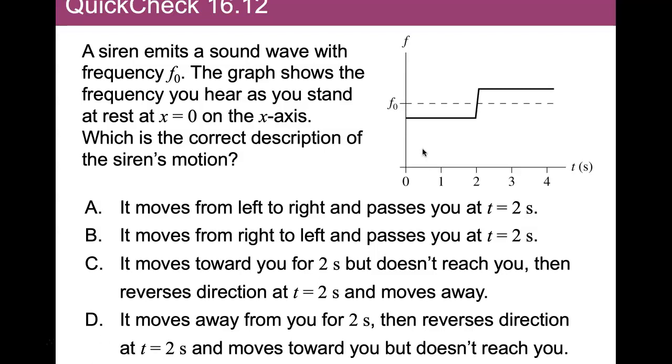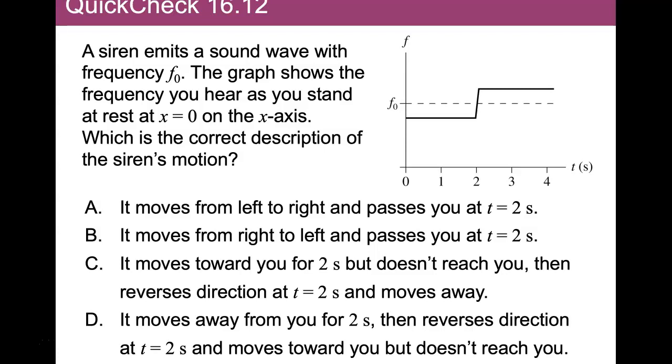So the frequency we hear is initially less than f0, and then after 2 seconds is larger than f0. Okay, so what does it mean? If the frequency is initially less, it must mean that the siren is moving away from you, right? If the source is moving away from you, you hear a smaller frequency. And if that frequency is larger than f0, it means it's moving toward you.